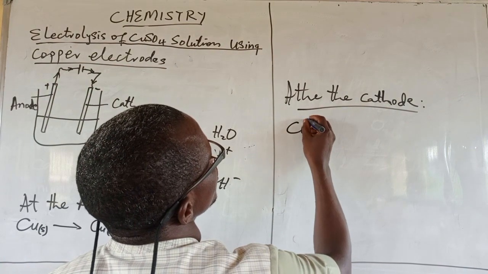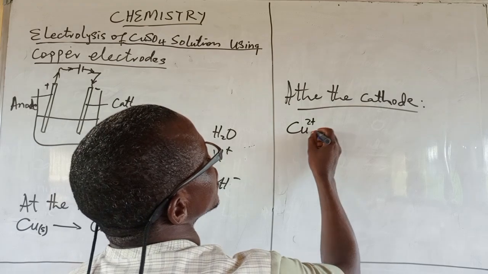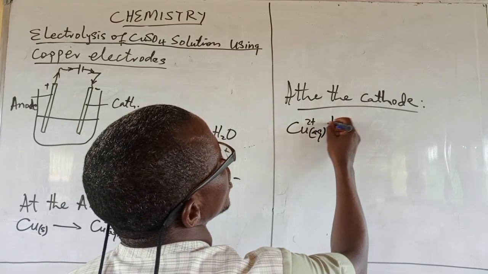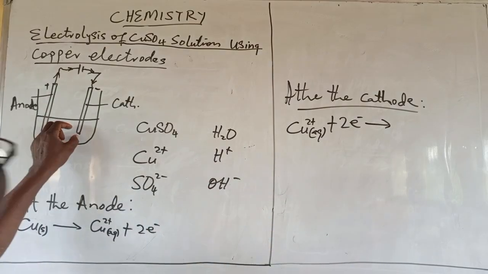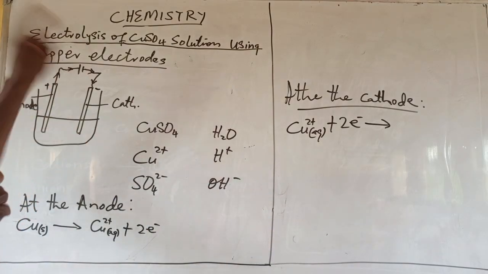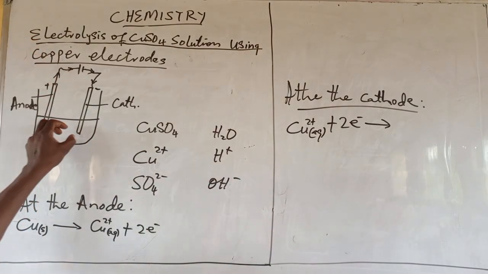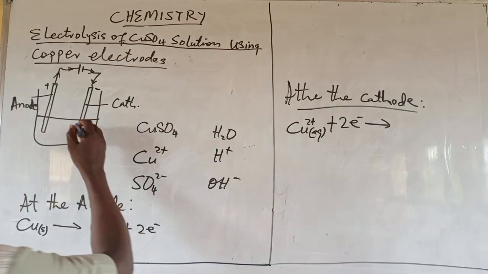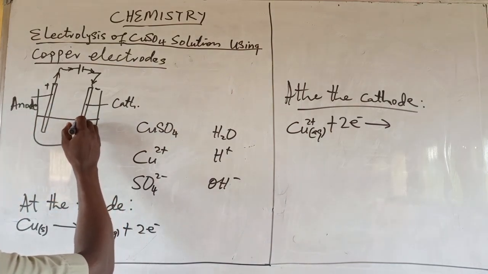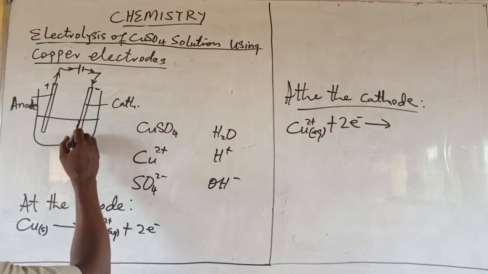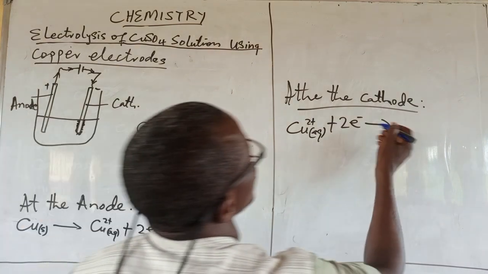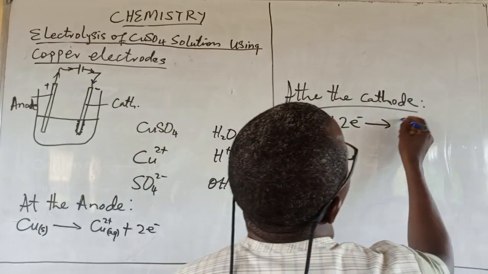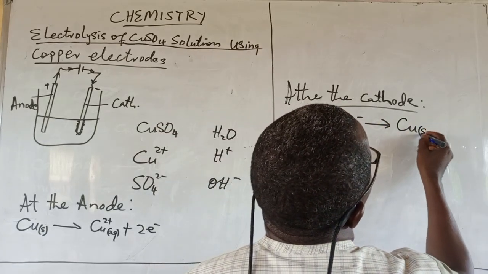Copper(II) ion from the electrolyte will collect the two electrons and deposit itself. Because it's solid, it will not bubble out like gas. It will deposit itself on this electrode, increasing the size and the weight or the mass of the electrode. So after collecting, it will now turn to Cu solid.